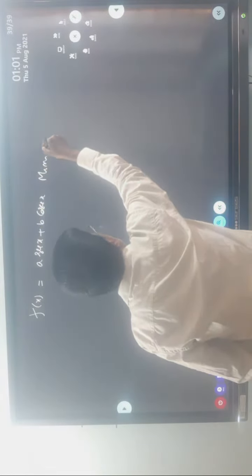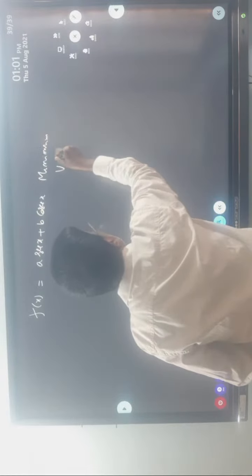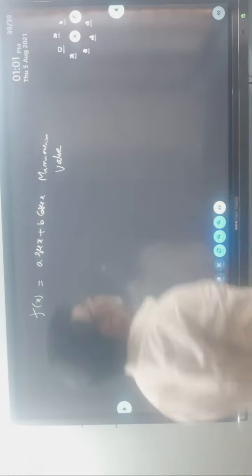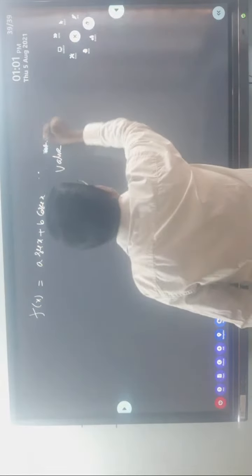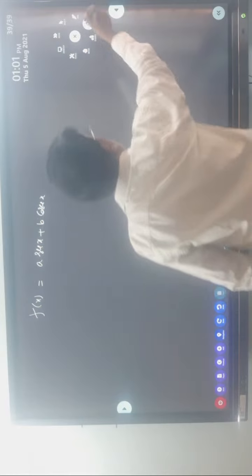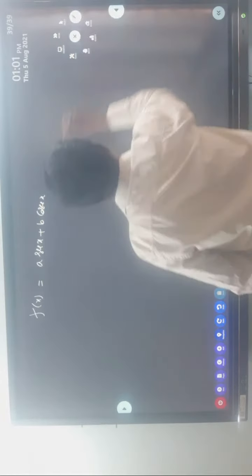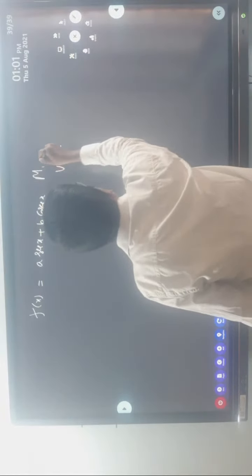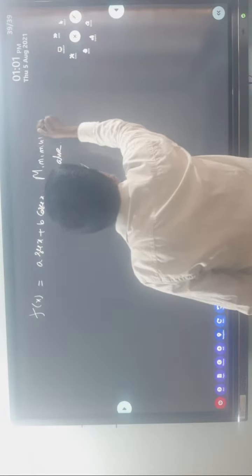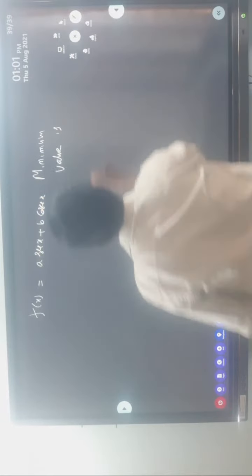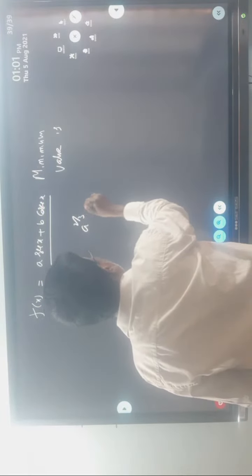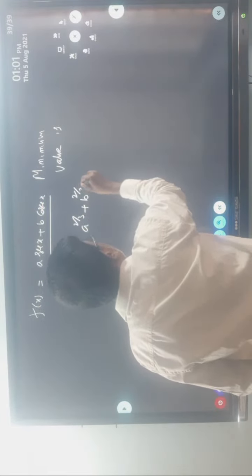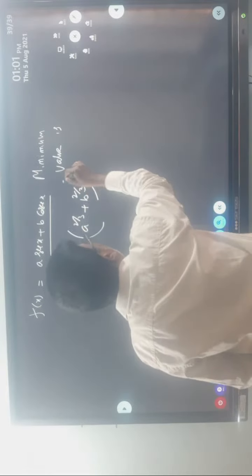Remember this, it is most asked in the examinations. The minimum value is (a power 2 by 3 plus b power 2 by 3) whole power 3 by 2. This is a very important formula.